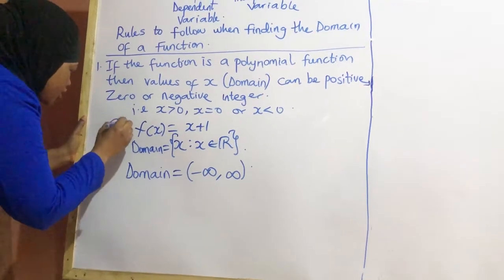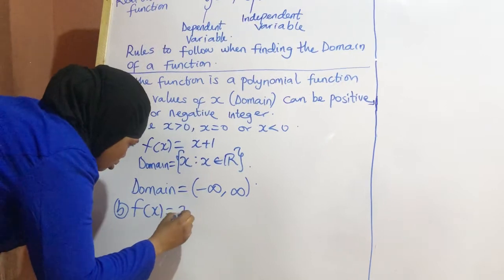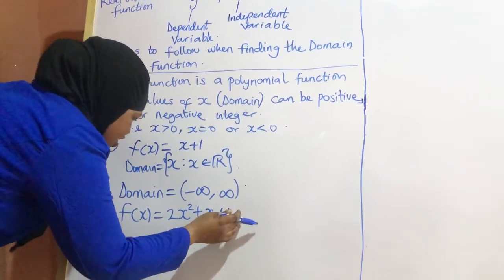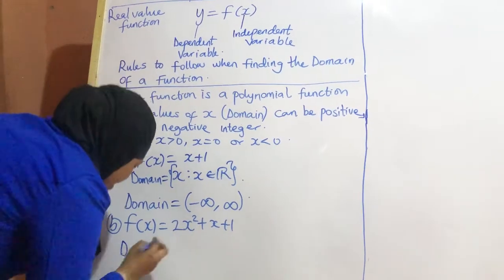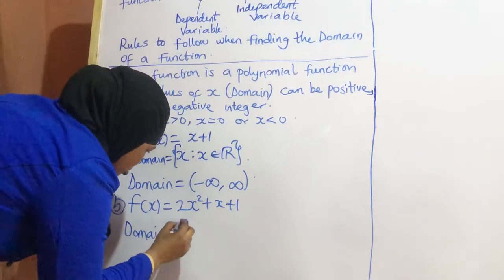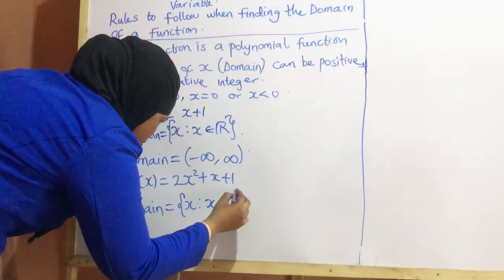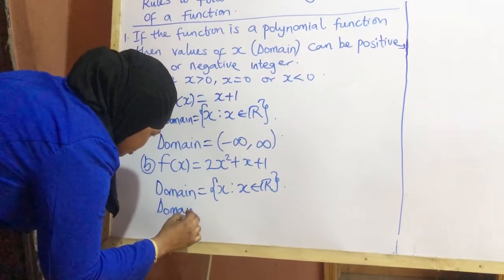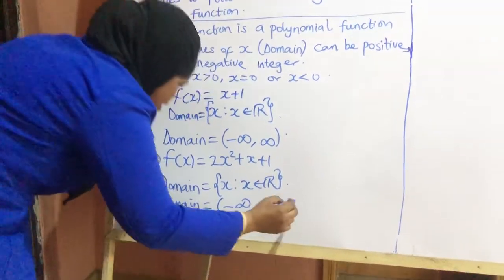Another one, we have f of x equal to 2x squared plus x plus 1. This is a quadratic polynomial. So its domain, that is the possible values of x, will also be elements of all real numbers. So x such that x is an element of real numbers, or domain is equal to negative infinity to infinity.